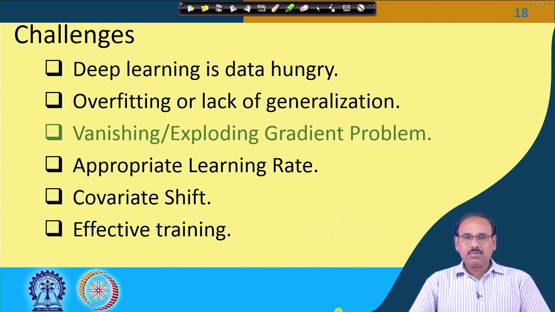So, in that case, we have to go for data augmentation techniques, so that even if you have a limited number of data, by processing those data, we can multiply the data volume.